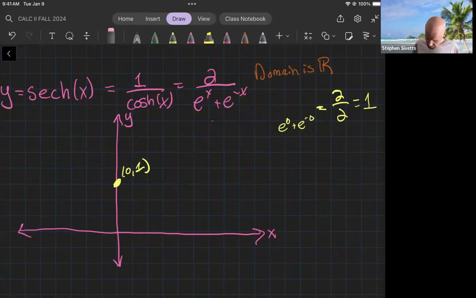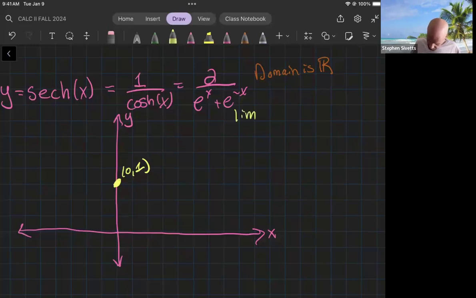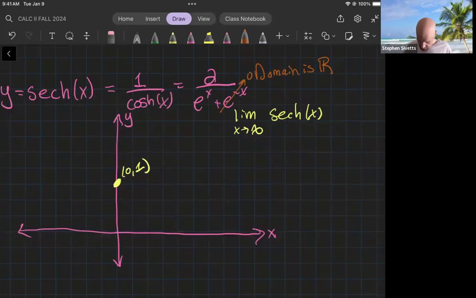As x approaches infinity, let's see what happens. This is 2 over e to the x plus e to the minus x. So e to the minus x will go to 0.